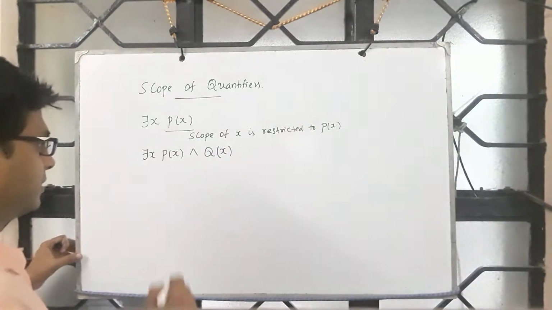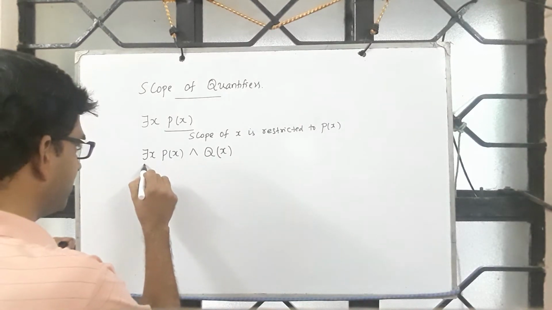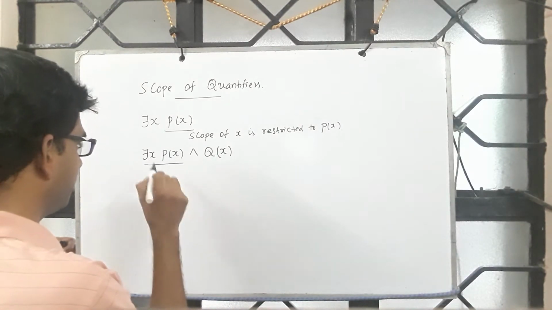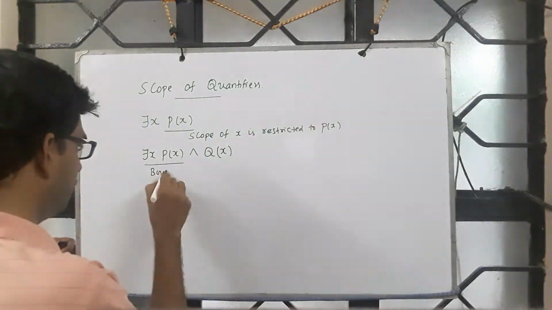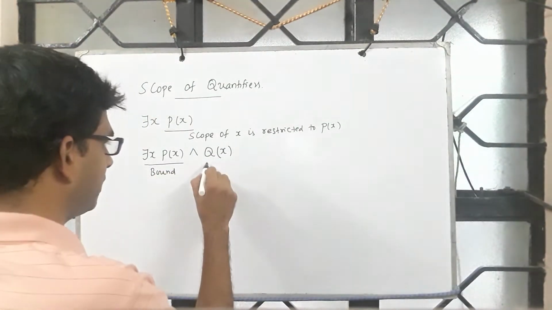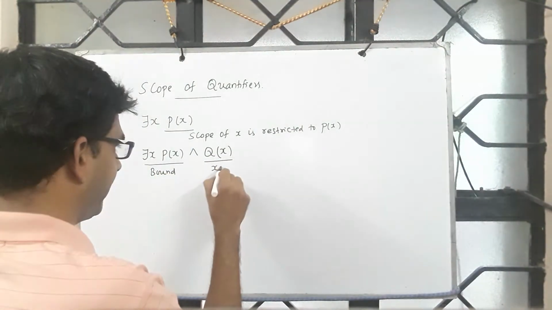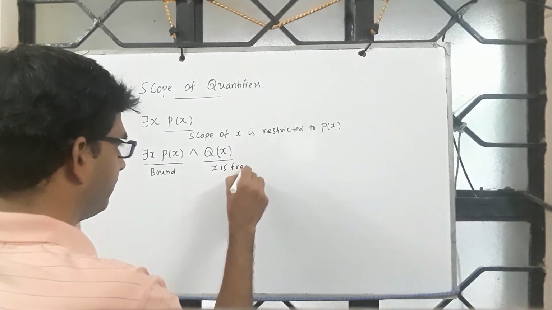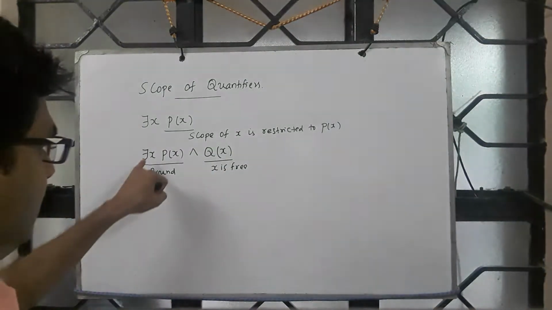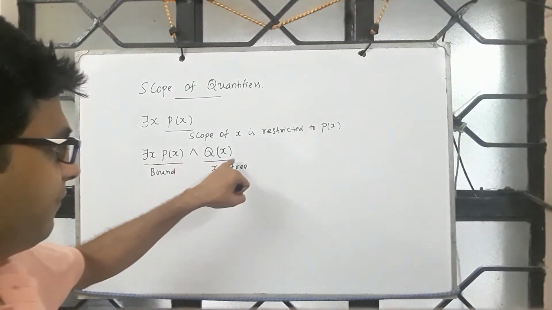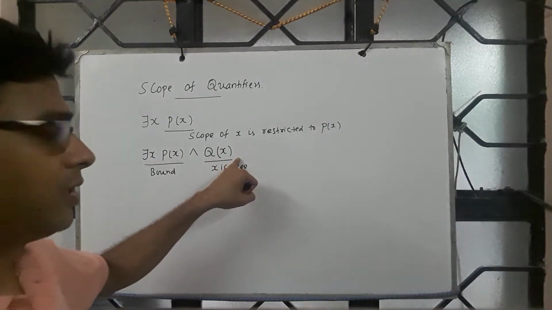Then the quantifier is active only over p of x. X is bound only to this part, and over here x is free. This x is not having any influence on this.